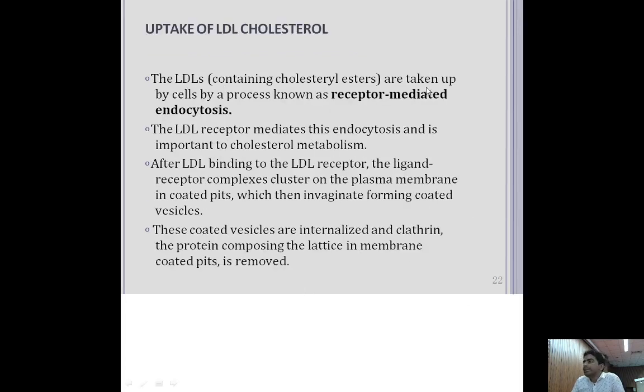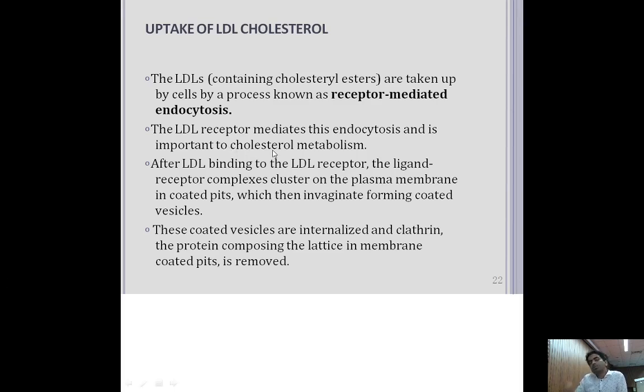The LDL is taken up by the cell. How does LDL give the cholesterol and cholesterol ester to the extrahepatic tissue? The process is known as receptor-mediated endocytosis. The LDL will bind to the receptor present on the cells of extrahepatic tissues, known as the LDL receptor, and then the whole receptor and LDL will be engulfed inside the cell together.